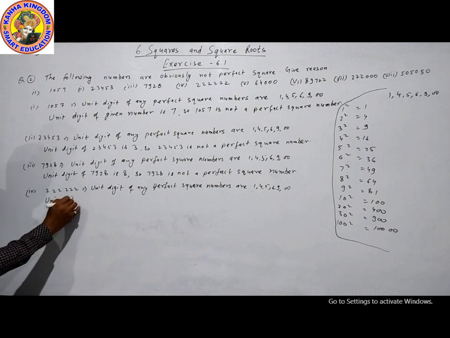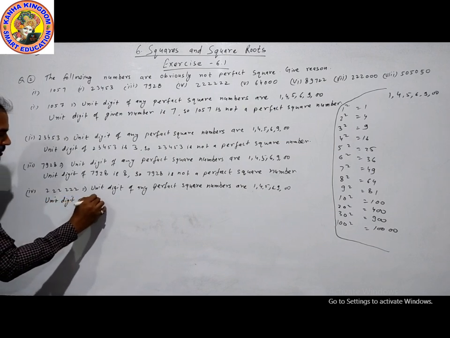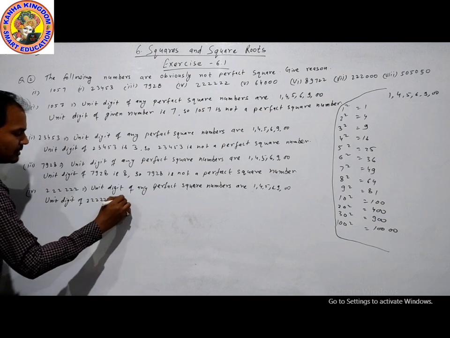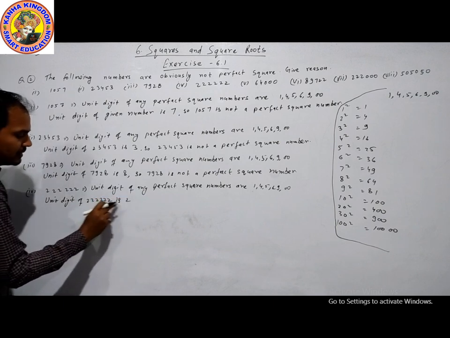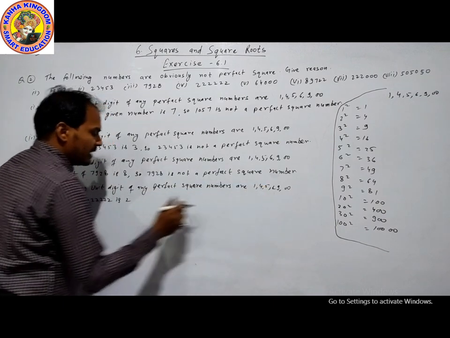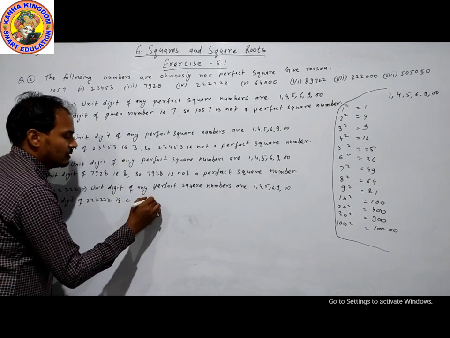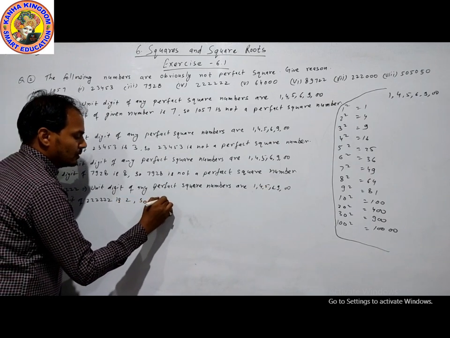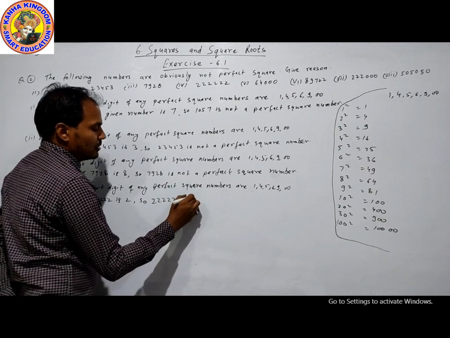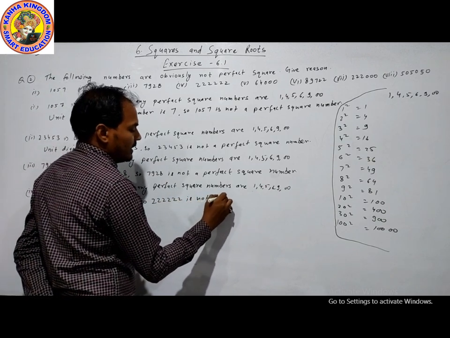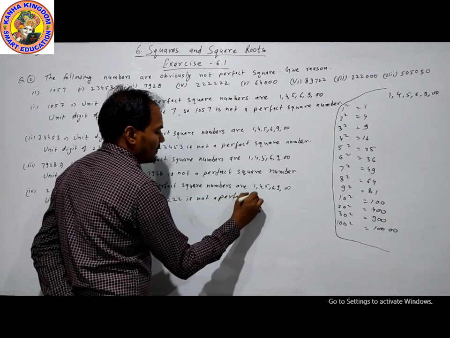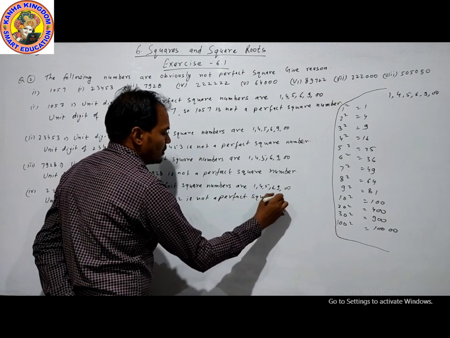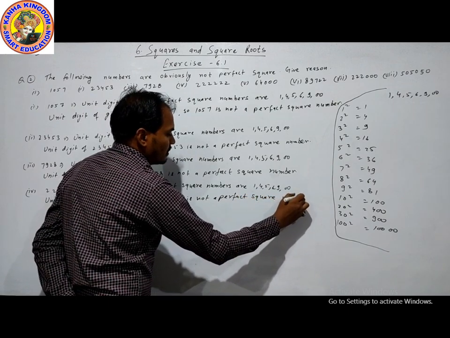Unit digit of 222222 is 2. 2 is not included here, so 222222 is not a perfect square number.